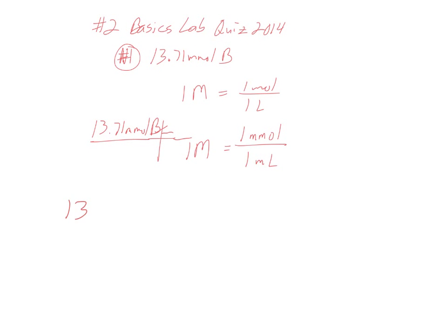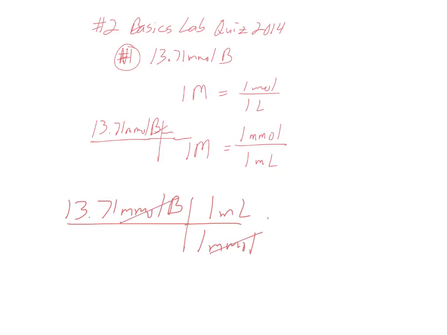So 13.71 millimoles of B, and we have 1 millimole per 1 milliliter. That's the 1 molar conversion. Cancel. What do we end up with? 13.71 milliliters.